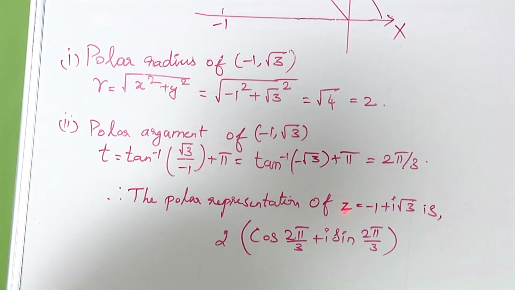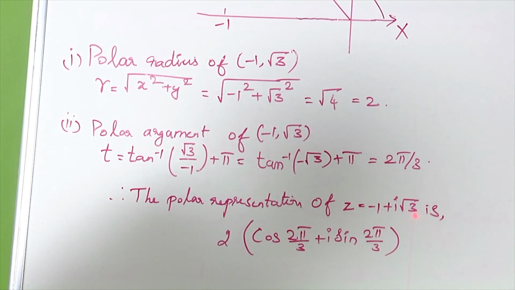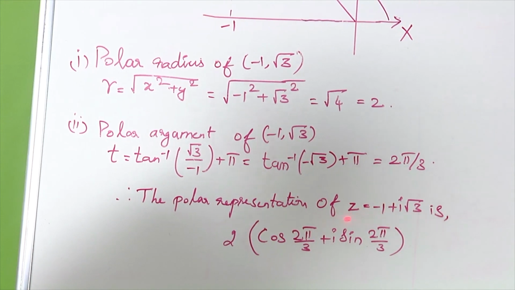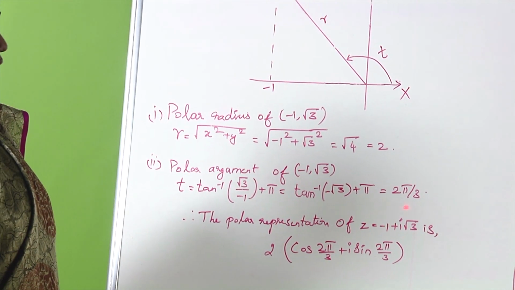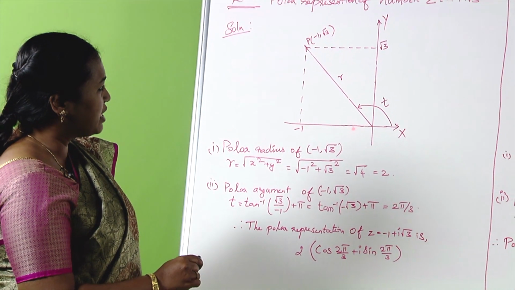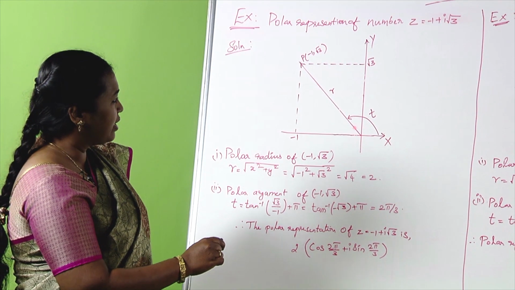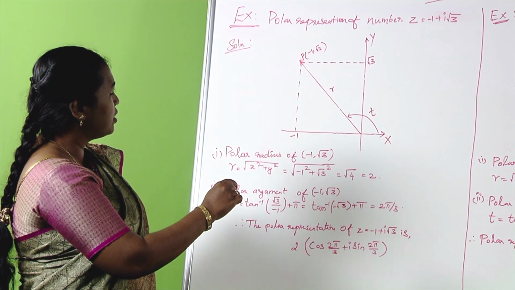So, Z, which is in terms of x and y, is -1 + i root 3. This is not exactly a Cartesian representation, but another representation of a complex number, but we are only considering this as the Cartesian part of it. So, (-1, root 3) can also be represented in terms of this vector r, which goes from 0 to this position.